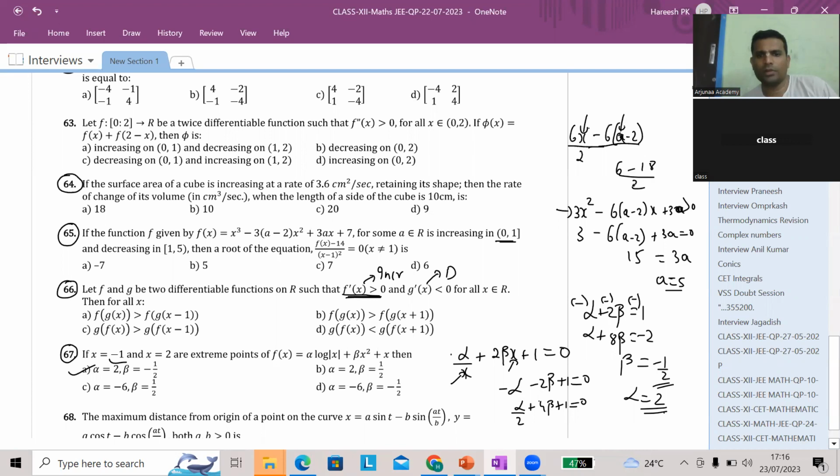X cube when you differentiate, here 6 should come, no? Oh, no. Correct only. 3x square became 3. When you differentiated 3x square, 6x. A is 5.